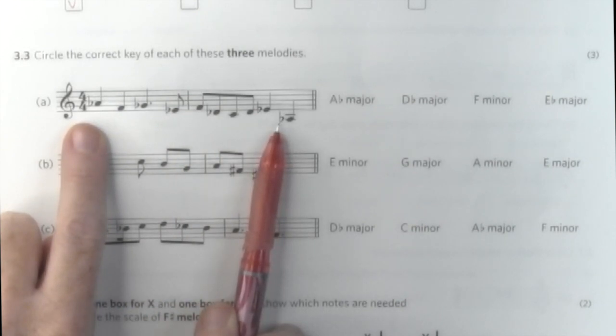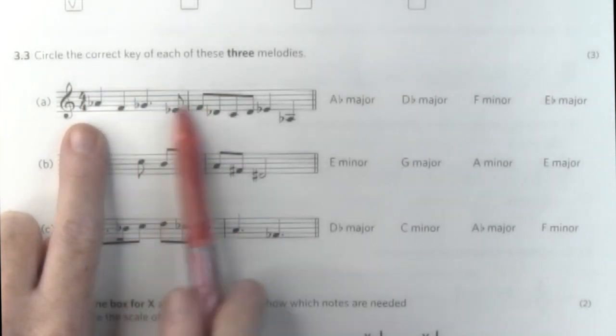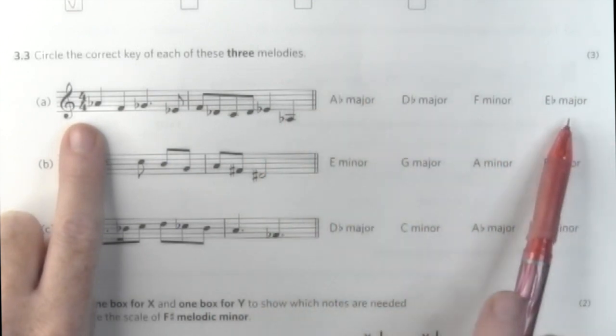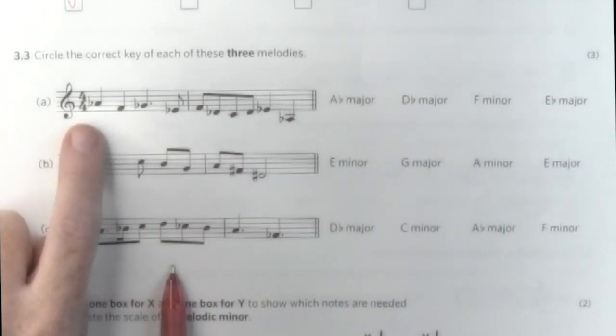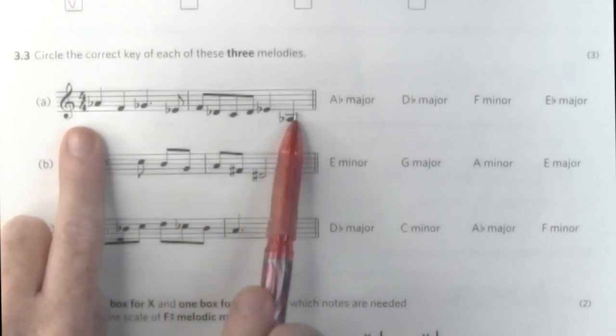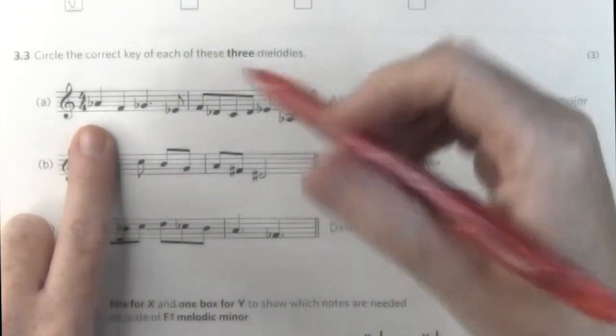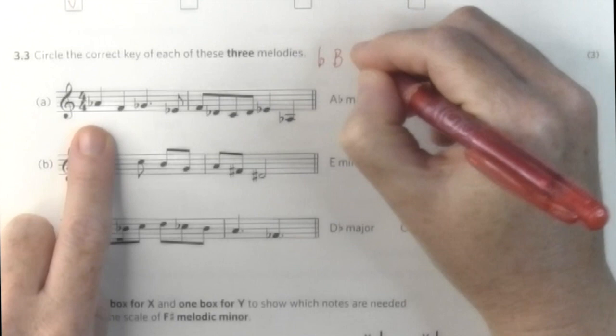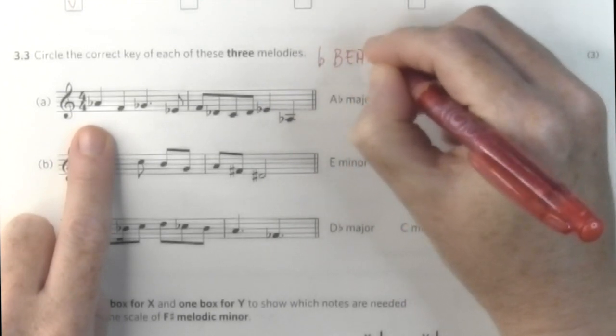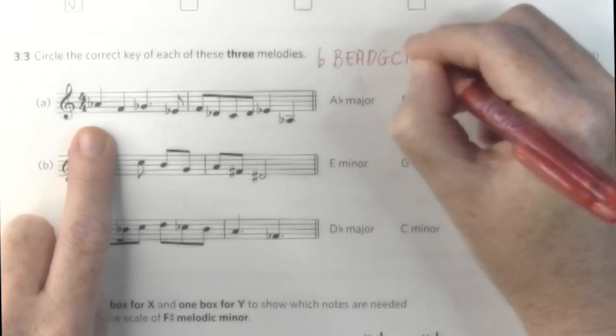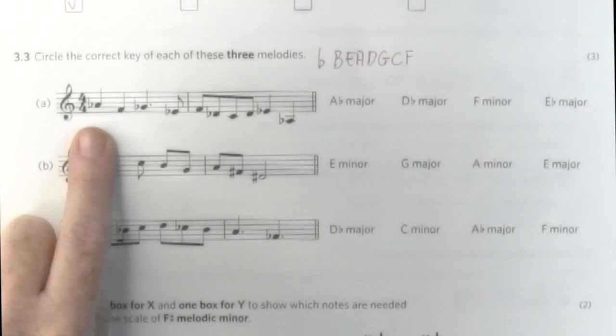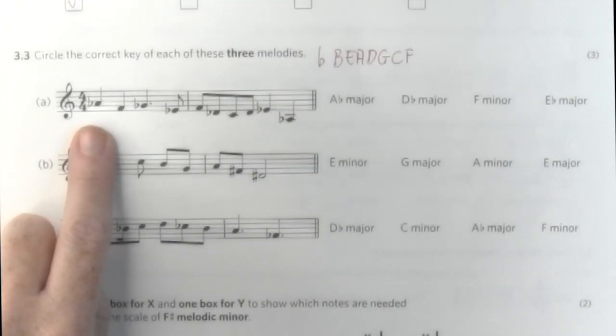Oh, by the way, in this exercise, we need to circle the only correct key of the given pieces. So in this case, we obviously have flats, and the order of flats is si, mi, la, re, sol, do, fa. Again, watch the videos linked below if you don't know what I'm talking about.